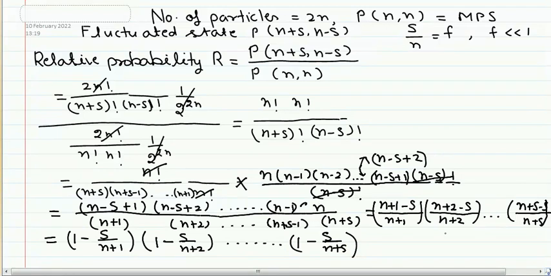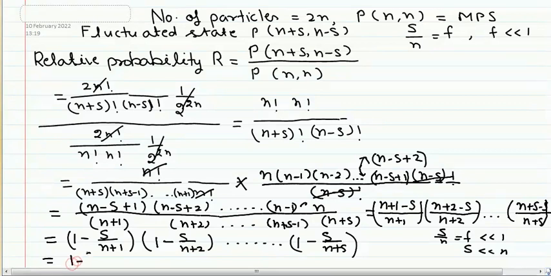And because we have already taken s by n as the fluctuation, and this is very less than 1, it means that s is very less than n. S is very less than n. So in all these terms we can neglect 1 in comparison to n, 2 in comparison to n, and s in comparison to n. So what will happen here?